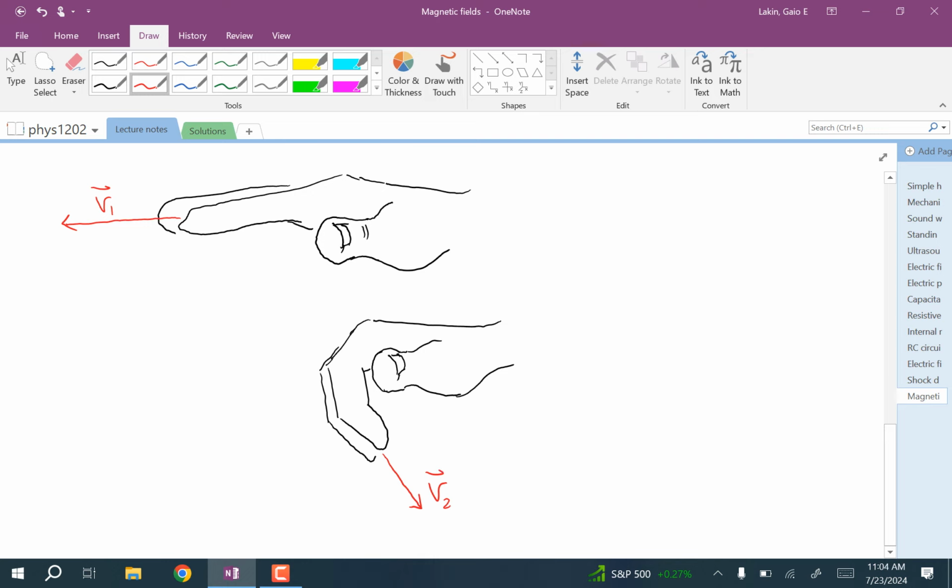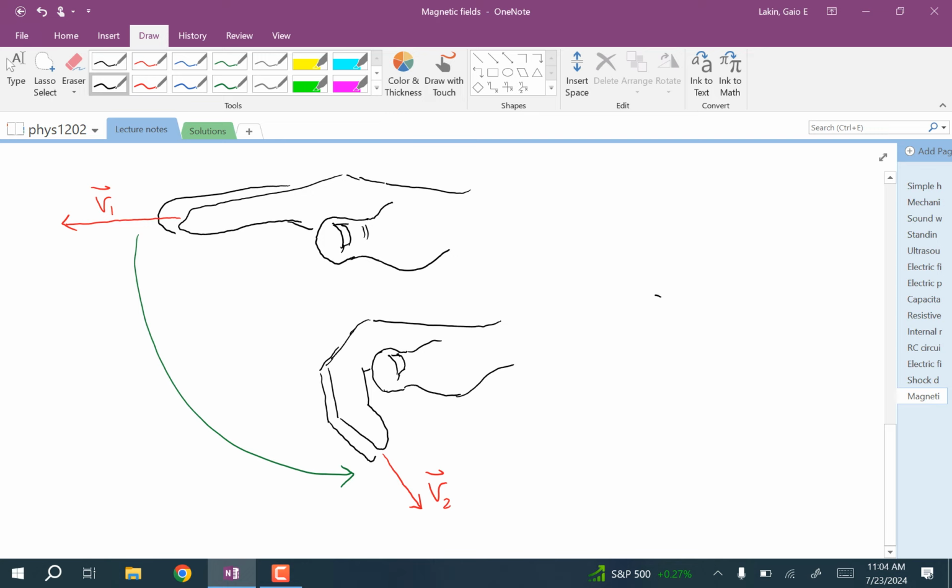Okay. And the order that you're doing this motion matters. So you're always going from V1 to V2. And notice that this rotation to get from V1 to V2 goes like this, the way your fingers curl as you do that. And if the fingers of your right hand do this motion, and you're holding your thumb out like it is here, then your thumb is showing you the direction of that output, that V3.